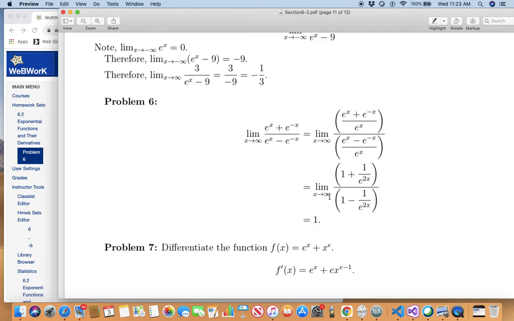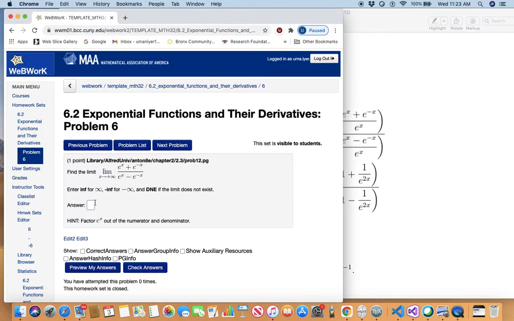Now when x approaches infinity, this factor goes to infinity, so this fraction goes to 0. Likewise, this fraction goes to 0. So I have 1 plus 0 over 1 minus 0. That's simply 1.